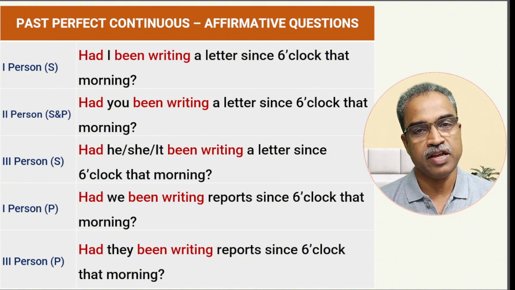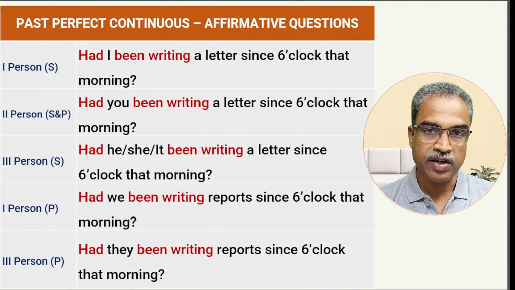So the structure is the same, the format is the same, the rule is the same. Auxiliary verb you must put first and then the subject. Let me remind you once again, my dear students, that if you are looking for some information, then please place the question word, the wh- type word, like how, when, which, where, why, what, who. For example, if I say, had you been writing a letter since 6 o'clock?